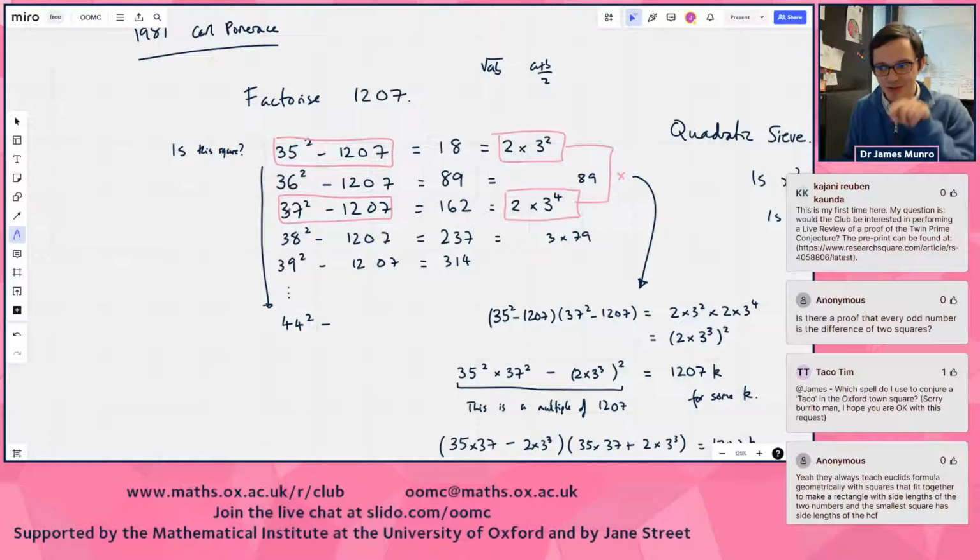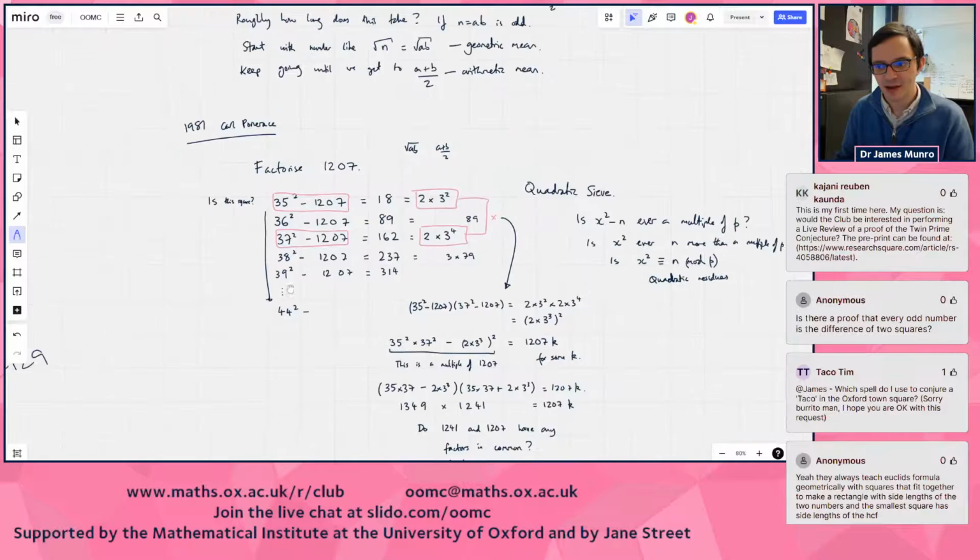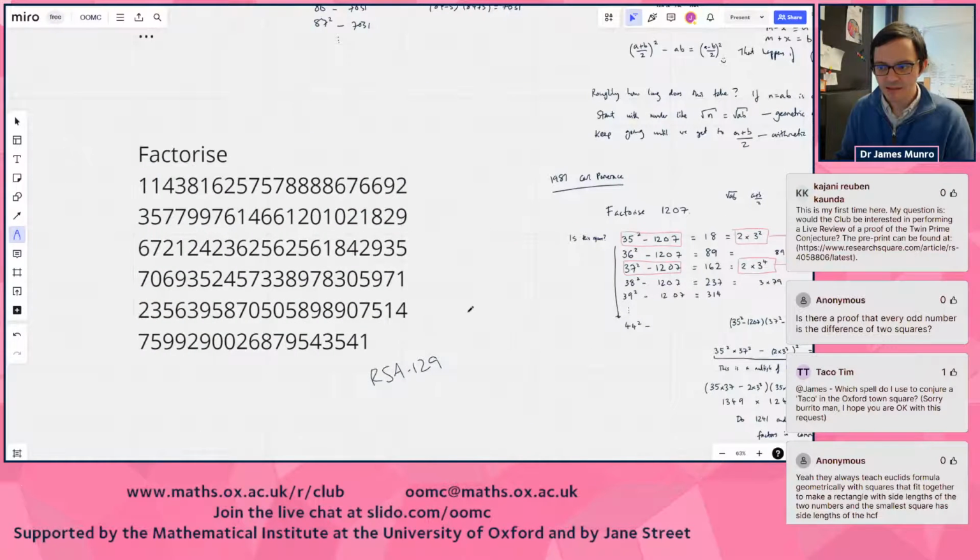You can just do a couple of lines and then do something clever and a quick check along the side and discover a factor much faster without having to do all of the work to get to 44. It's like if, I don't know, this was maybe supposed to take 1 billion years to factorize, but someone finds a shortcut to do it in less than 1 billion years. There you go. The number was semi-famous all along.